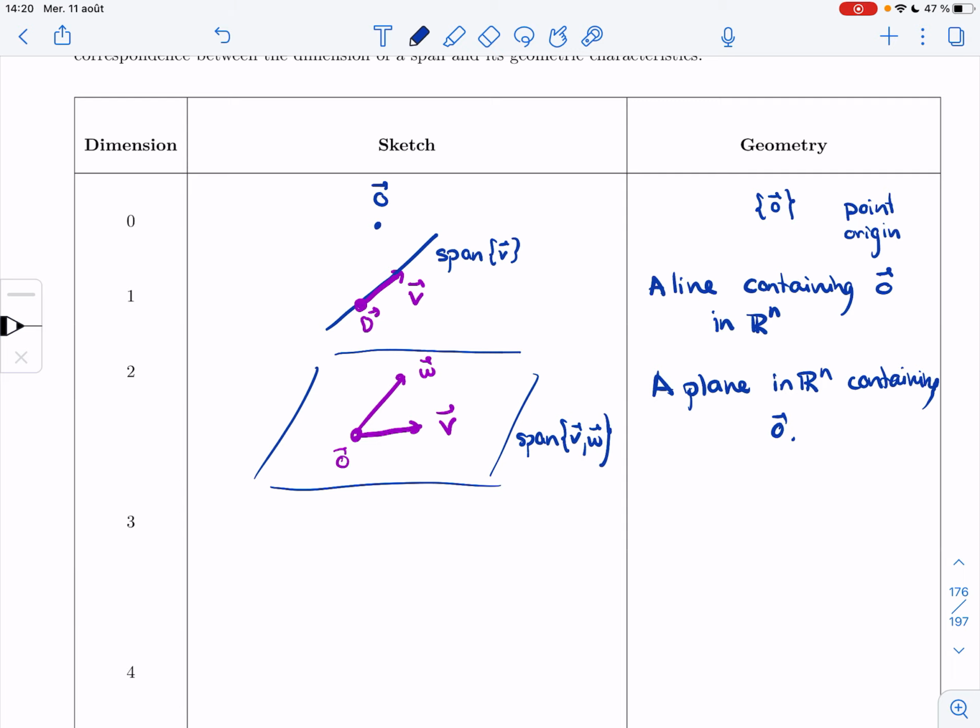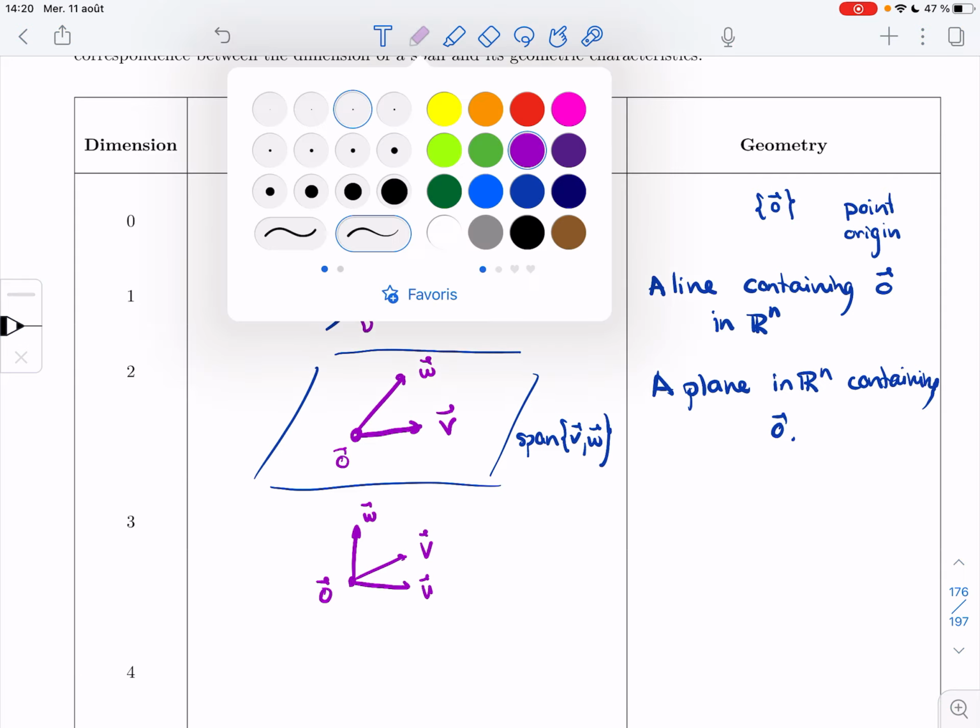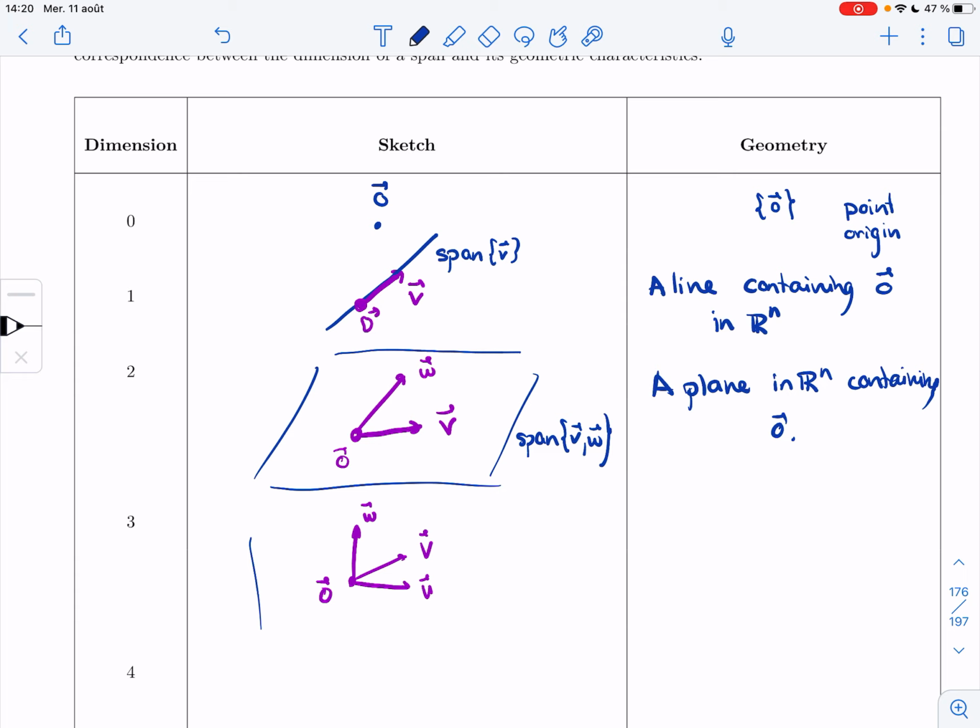For 3, we can still picture. I have 3 really non-coplanar vectors, something like that. And so I would get some sort of 3D object. Sorry, this is the worst cube I've ever drawn. Let me try again. Yep, that's better.